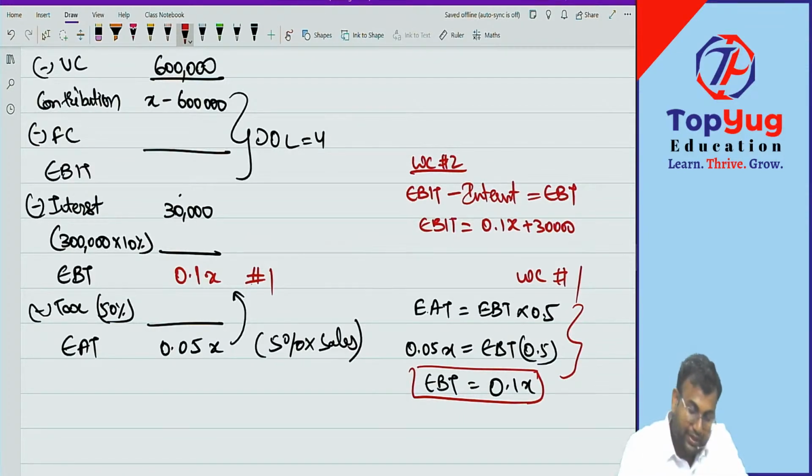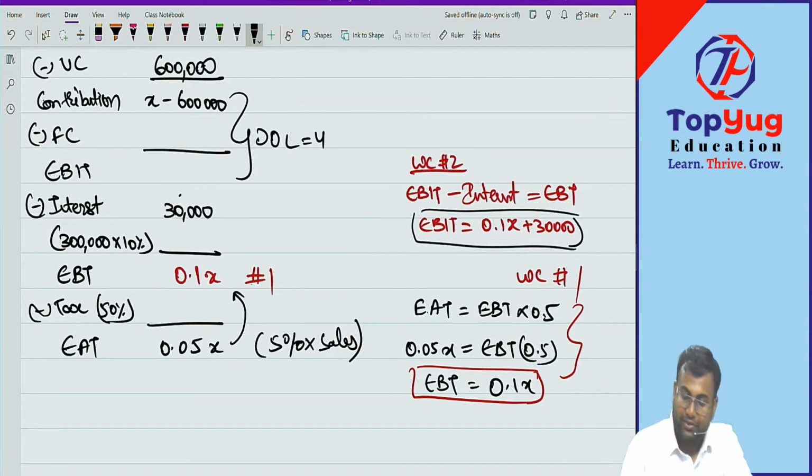Is this equation okay? Why are you not enjoying the subject? We are enjoying like anything. So let me write down in X already, 0.1x plus 30,000. Make this working note number 2.